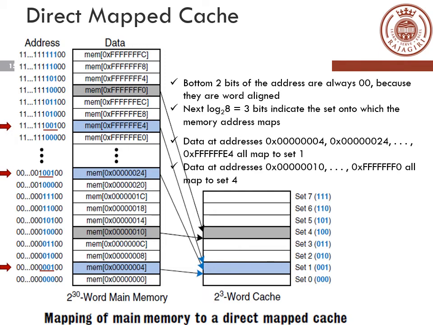All these three blocks, there are many more, but in the figure you can see only three, have these particular 3 bits as 001 in their addresses. So these data can occupy the cache in set 1, and the data having the address bits 001 can only go to set 1.